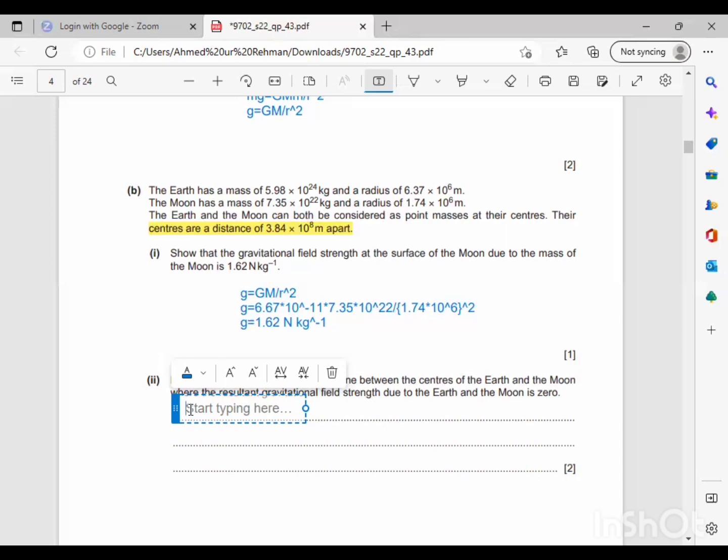The other thing is that they act in opposite directions. The earth is pulling towards itself and the moon is pulling towards itself. So these are the two points we're going to write about in this answer.